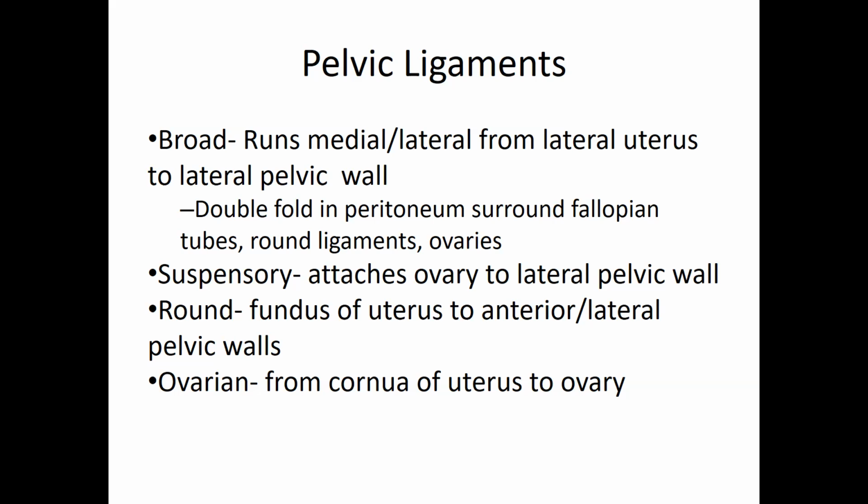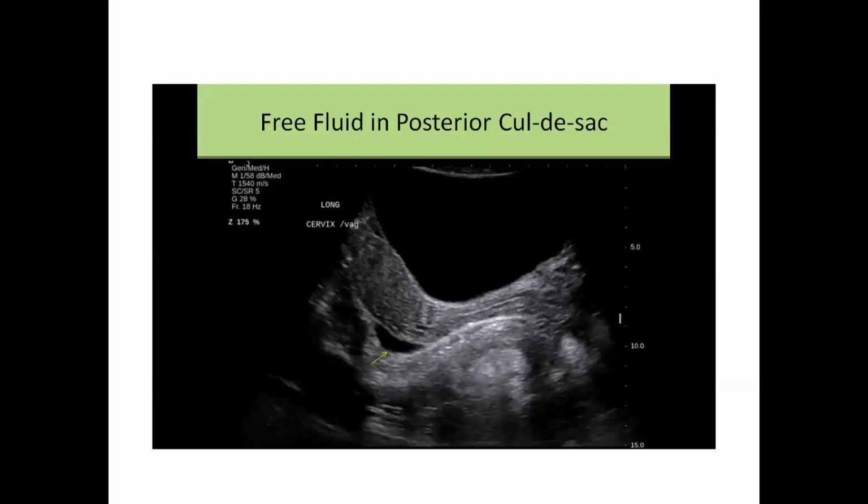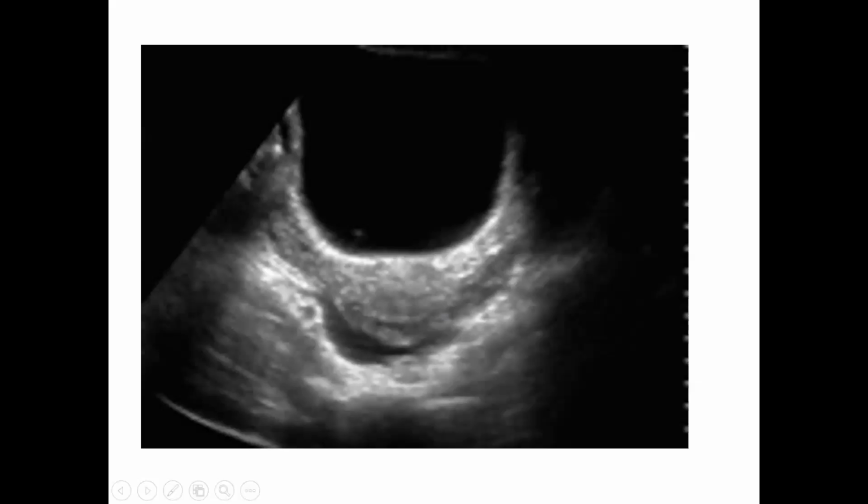Okay. So, pelvic ligaments. Oh, geez. Am I going to ask you about these? No, not at all. In the real world, we kind of refer to all of these as the broad ligament. So when we're looking at the uterus itself, we see this ligament coming off the lateral aspects of it, and that's a very good place to look for our ovaries.